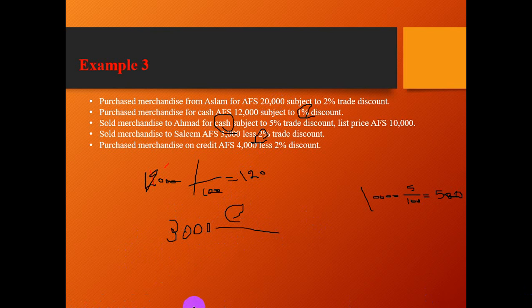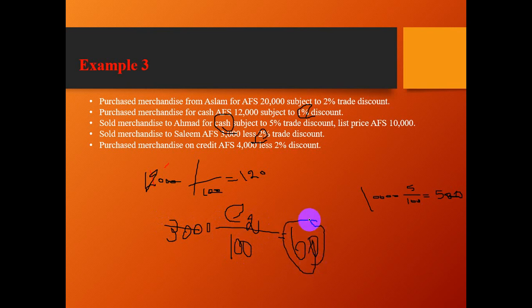So I am writing it here simply: 2 divided by 100. How much will it become? 2 multiplied by 3,000 is 6,000, divided by 100, 60.